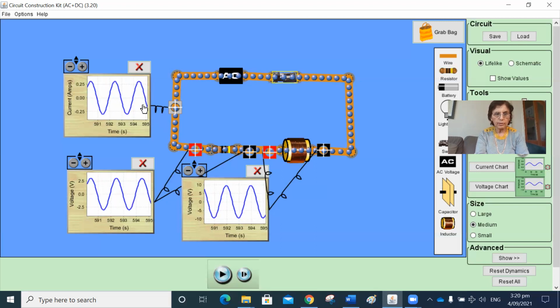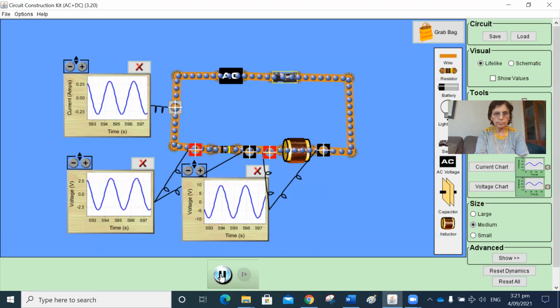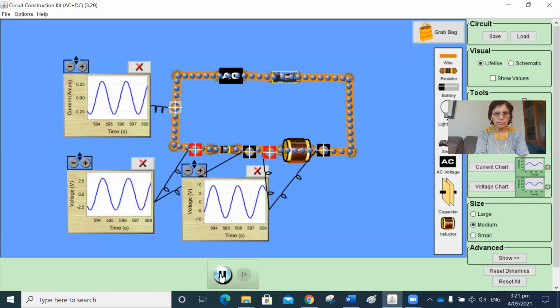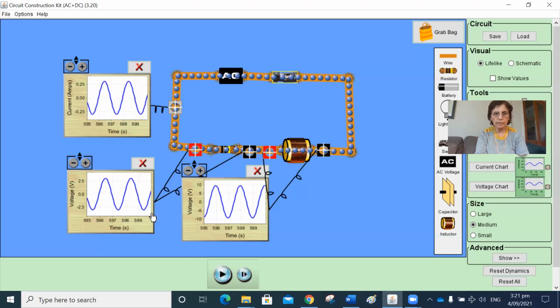Okay, now here, current is zero at this particular instant. Voltage across the resistor is zero, so they are in phase, and we can see that from the shape of the previous values.